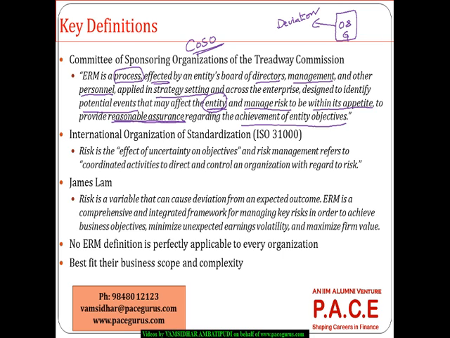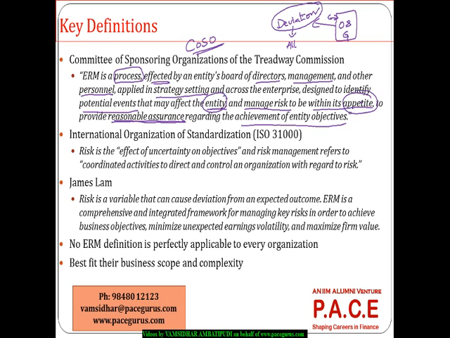Now, what this enterprise risk management is simply saying is identify all the events that could impact, all potential events that could create this deviation, and try to come out with the mechanism so that even if the deviation comes up at any point in time, it is very much within the limits.